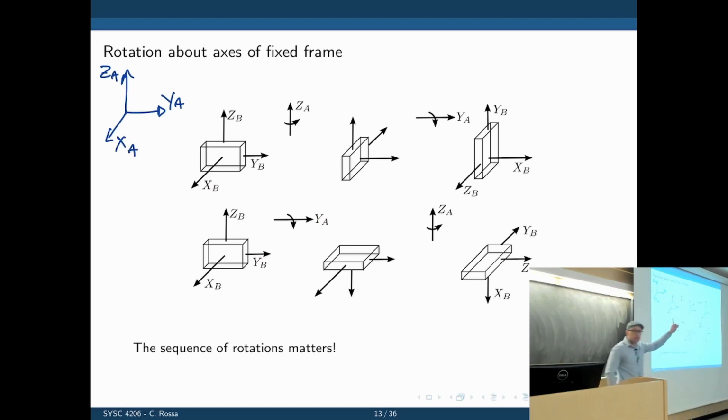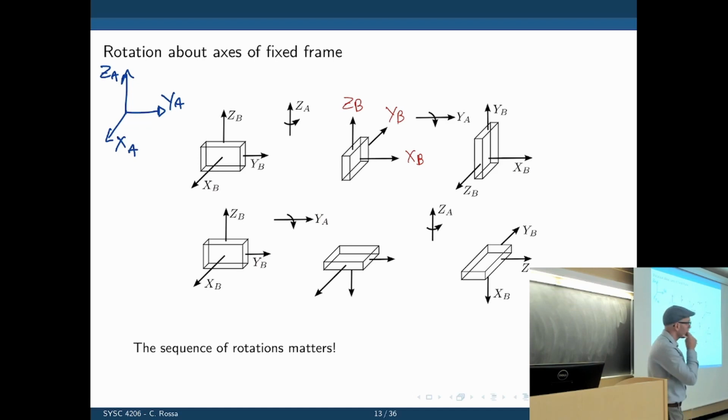So what's the axis pointing up in the second rotation there, in the middle? The one pointing up is still ZB. YA was coming out of the plane like XA was coming out of the plane. That was rotated 90 degrees that way. So this is XB. That is YB.